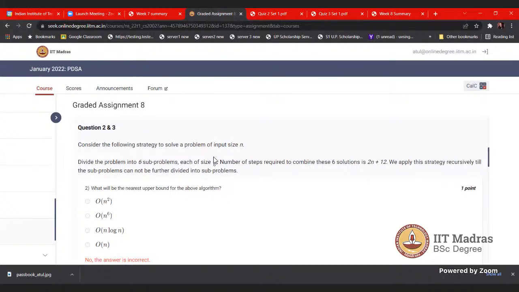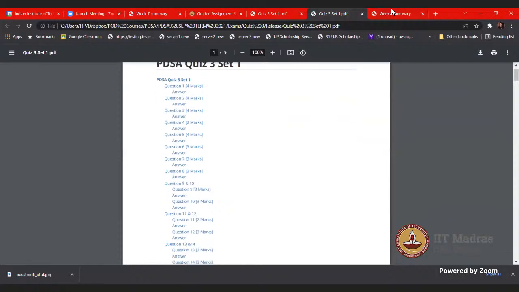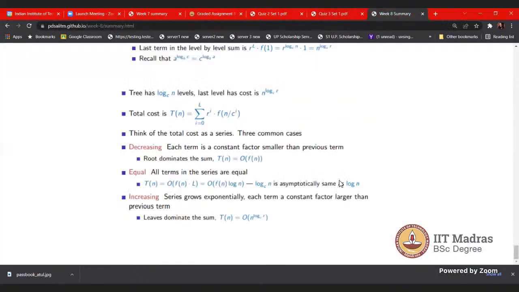The height always remains log n. This formula is given in our notes or in the lectures. So it applies to problem numbers 2 and 3, and the same for 4 and 5.